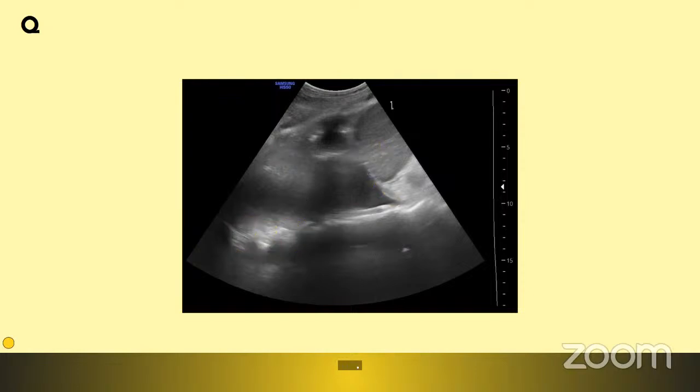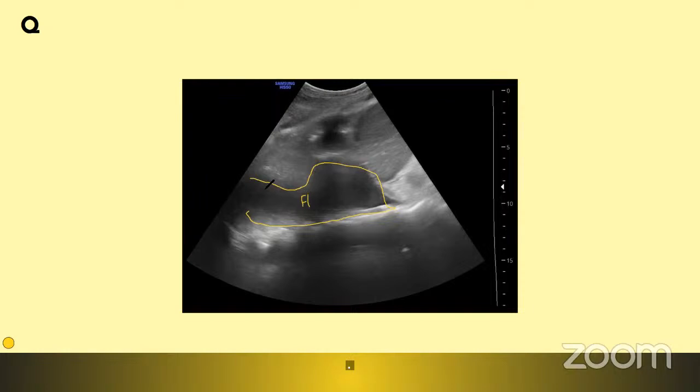Let me clear it. So we are having some kind of fluid in this area. Fluid. Sorry for my handwriting.